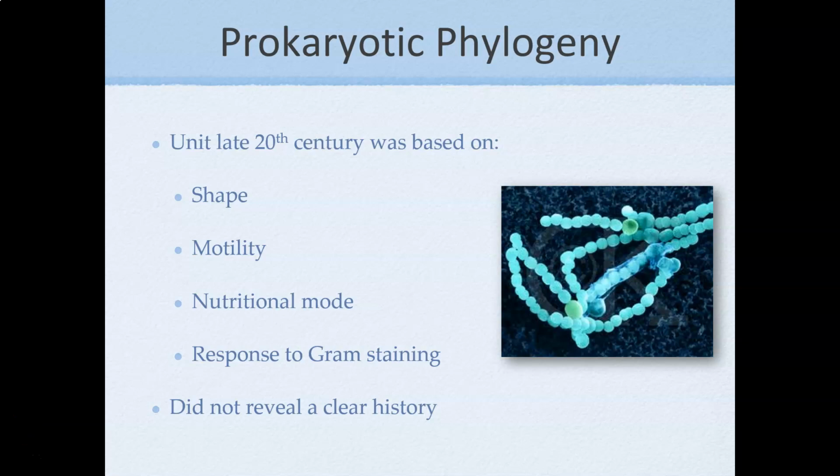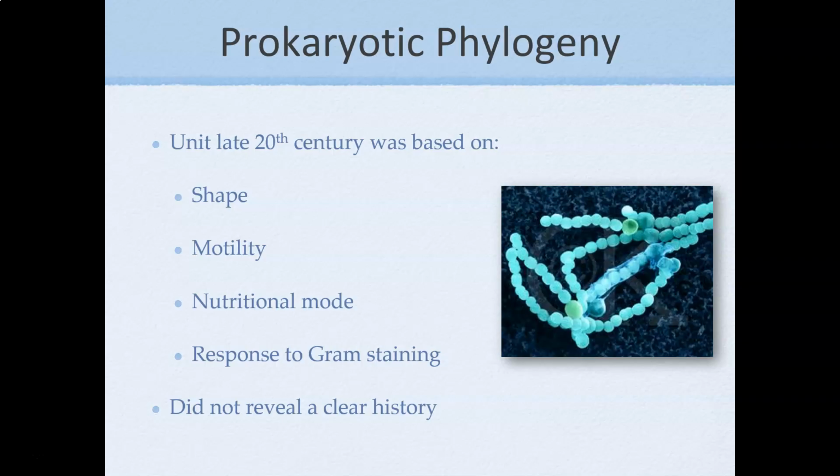So we have been alluding to classification schemes of prokaryotes through this whole chapter. Up to this point, we've been talking about the classification mechanisms that were utilized up until the late 20th century: things from their shape to their ability to move to their nutritional modes, their response to gram staining.